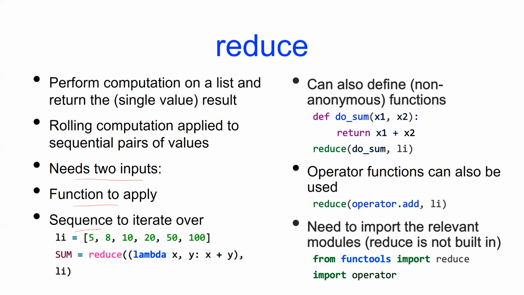Okay, so how do we define the summation action using reduce? This is our list, which contains a couple of integers. Then we will call reduce. This is our first argument, the function, and this is our second argument, which is an integer list.